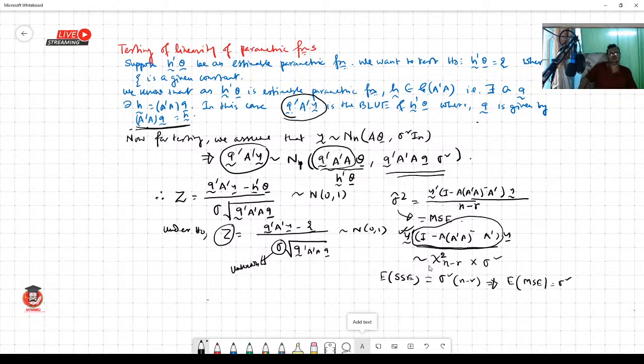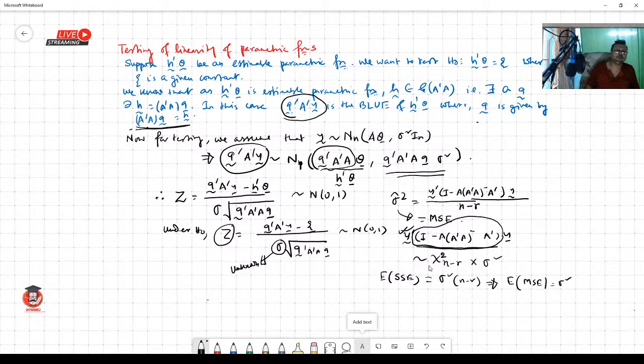Therefore expectation of SSE, because SSE is nothing but y curl prime I minus a prime a g inverse a prime y curl, is sigma square times n minus r. Therefore expectation of MSE, which is SSE by n minus r, equals sigma square. Therefore sigma hat square, MSE, is an unbiased estimator of sigma square.